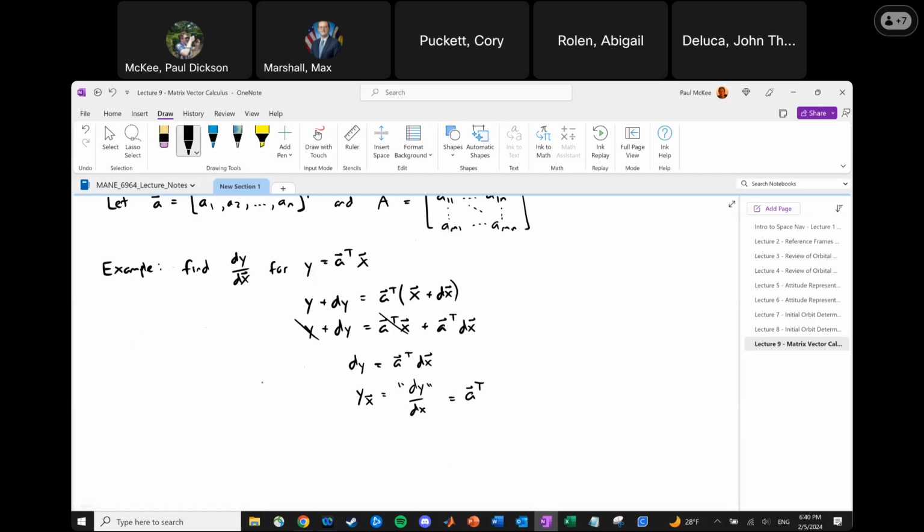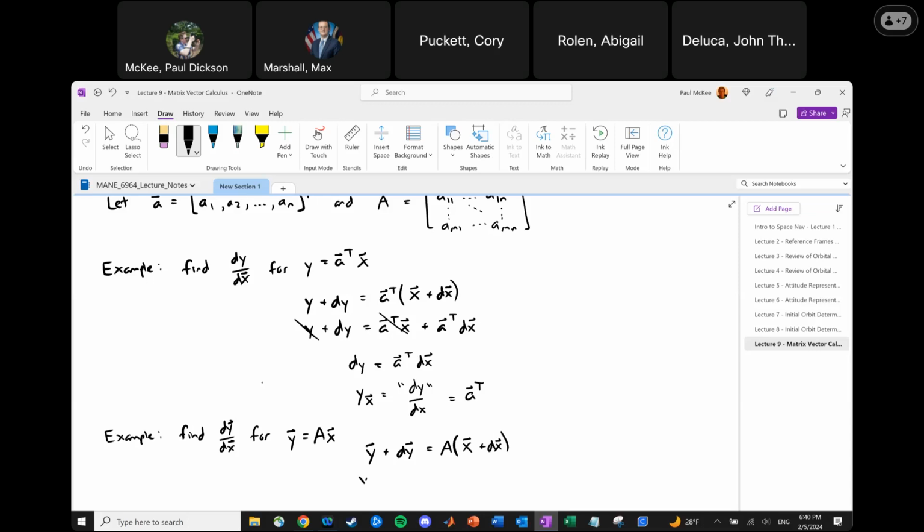Here's another example. Find dy/dx, but in this case, they both have hats, for the case where y as a vector is some matrix A times x. Second verse, same as the first. So in this case, y plus some differential element of y is equal to the matrix A times the vector x plus some differential element of x.